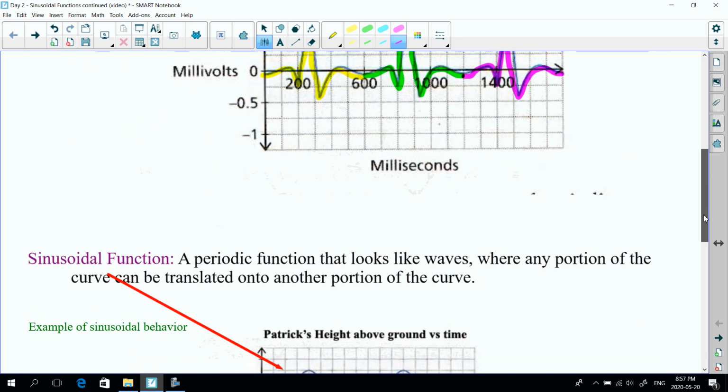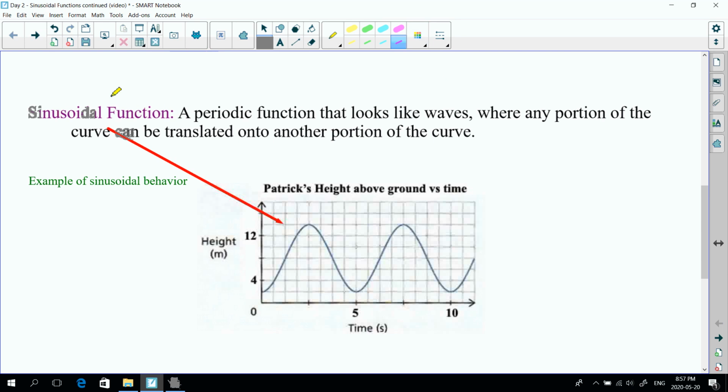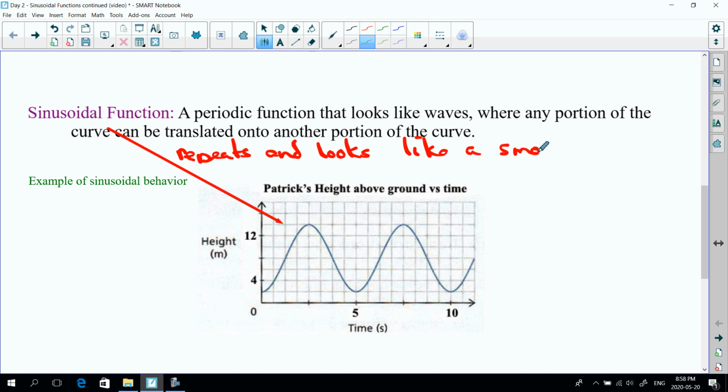Now, there is a special type of periodic function called a sinusoidal function. A sinusoidal function is a periodic function that looks like waves. So, in plain English, a function that repeats and looks like a smooth wave.